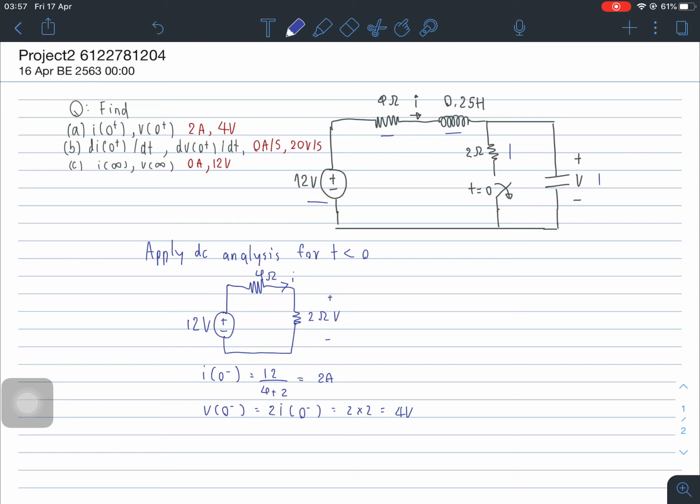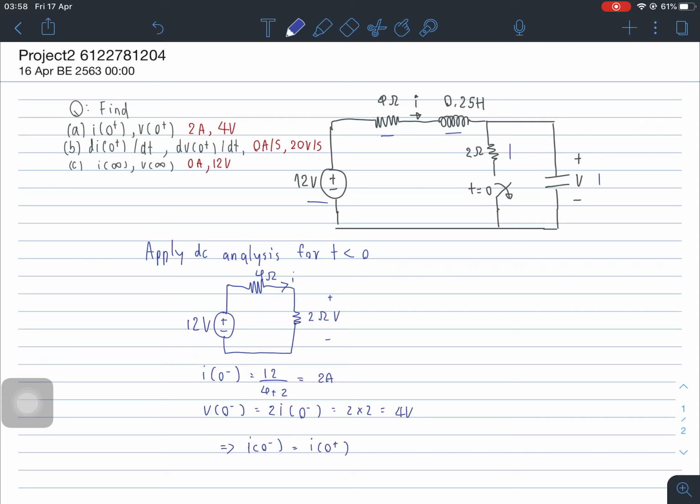And we know from the theorem that the inductor current and the capacitor voltage cannot change abruptly, so i(0-) should be equal to i(0+).